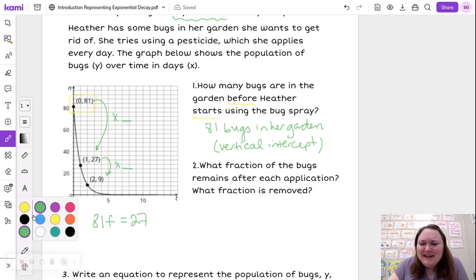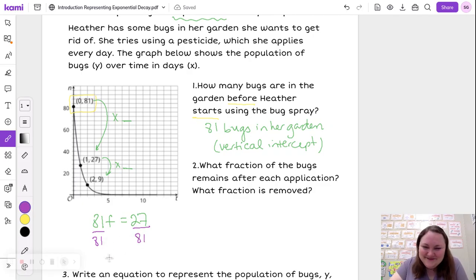And by writing that pretty small equation, it helps me see that to find that multiplication number, I am going to have to do 27 divided by 81. And if you do that, you get that simplified fraction 1/3. So our pattern here is every single time we're multiplying by 1/3.